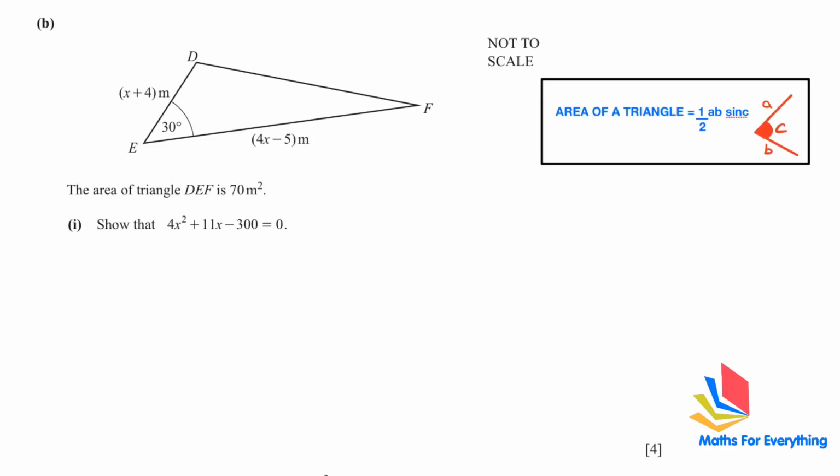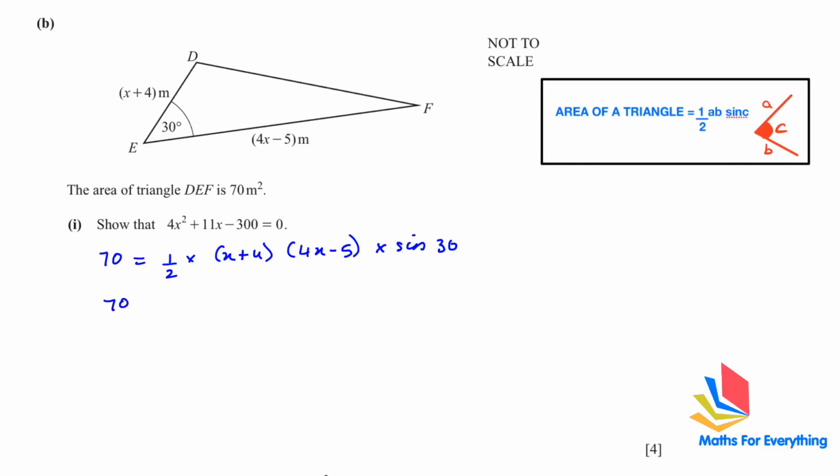So using this formula, area, which is 70, is equal to half times x plus 4 times 4x minus 5 into sine 30. This we have to simplify now.